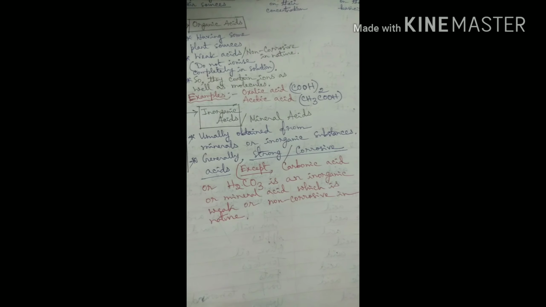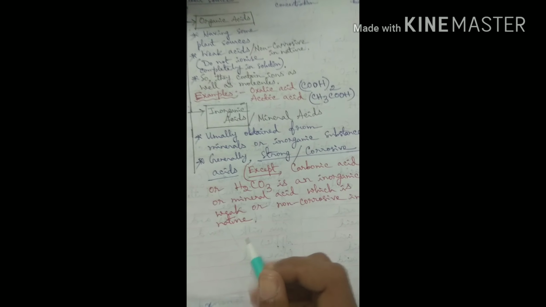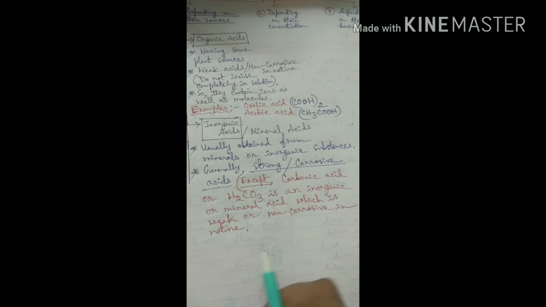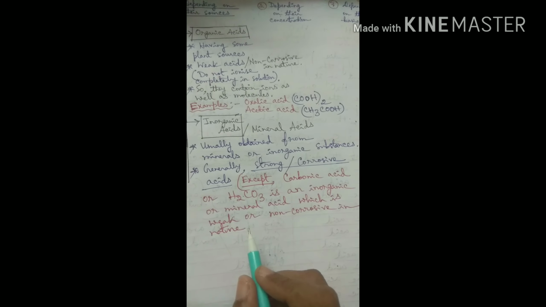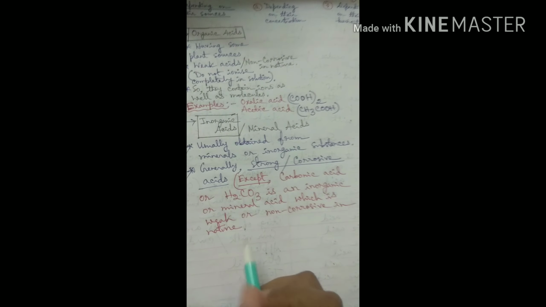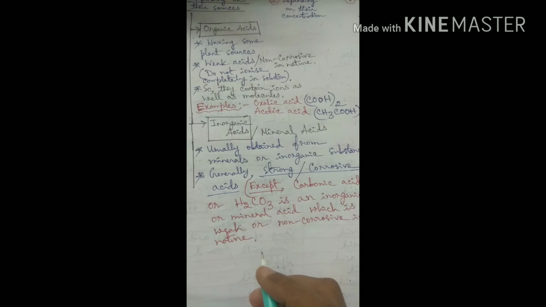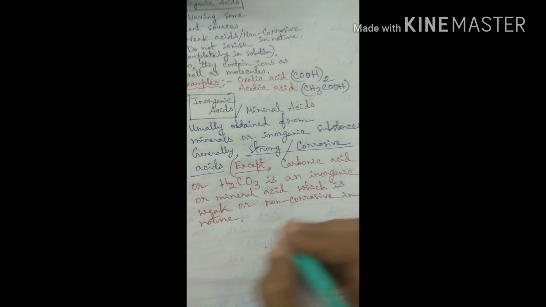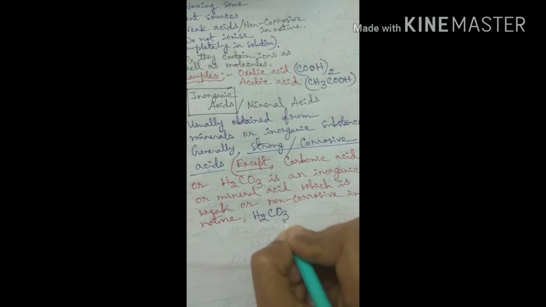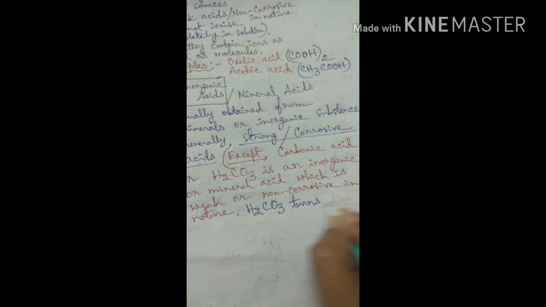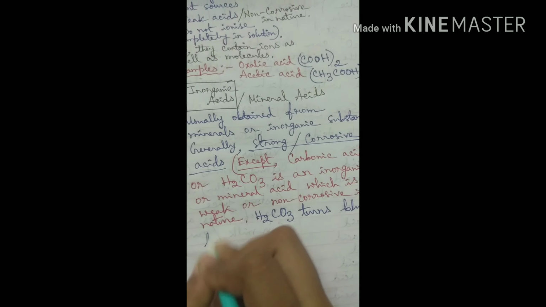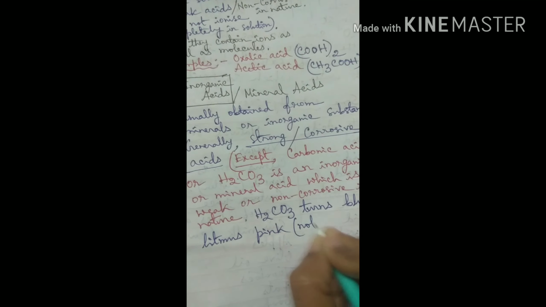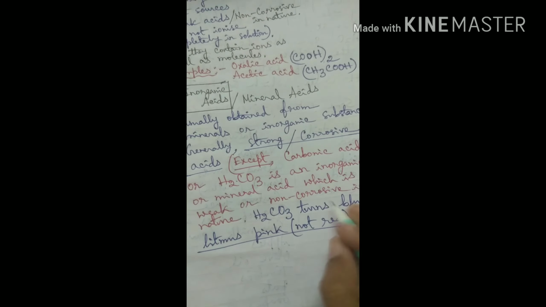One interesting fact is that we know from the general properties of acids that acids turn blue litmus red. But carbonic acid, H2CO3, turns blue litmus not red but pink, because it is a weak acid.